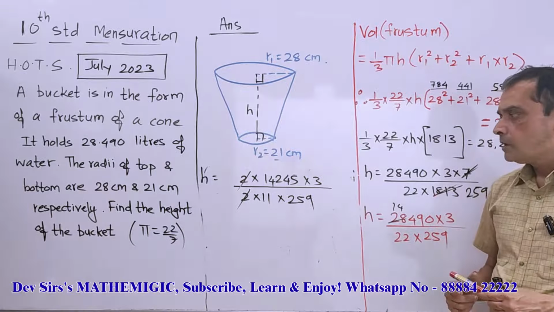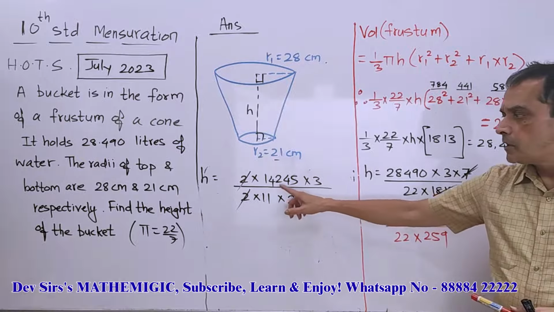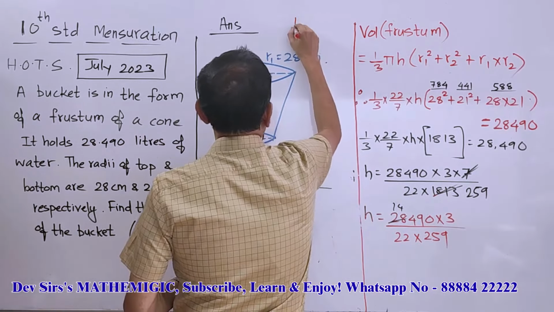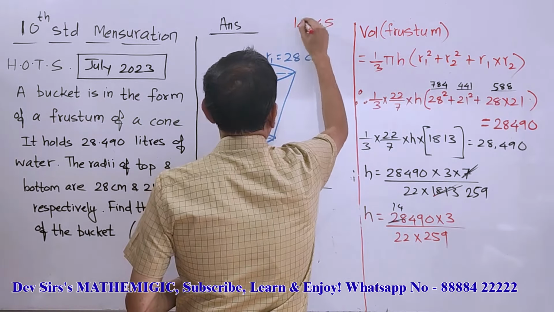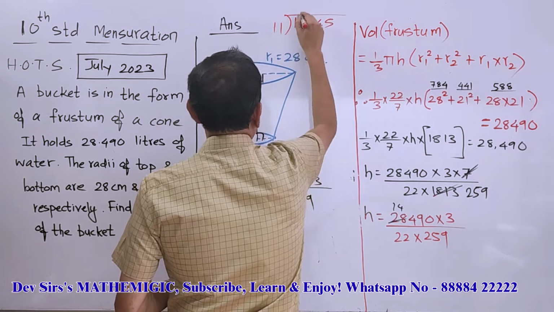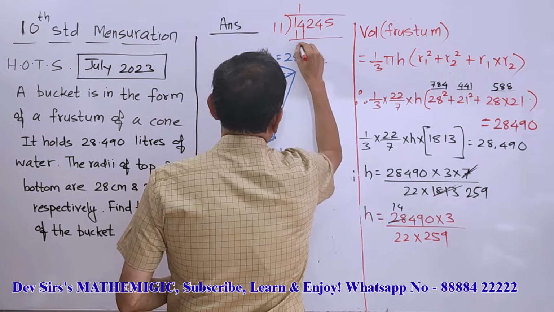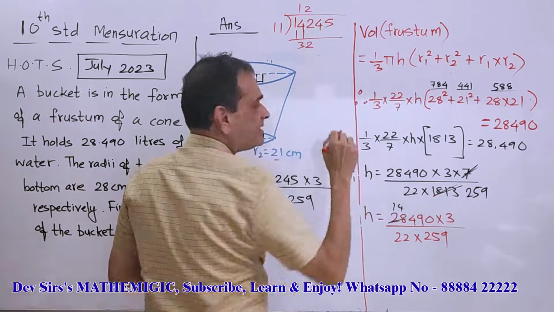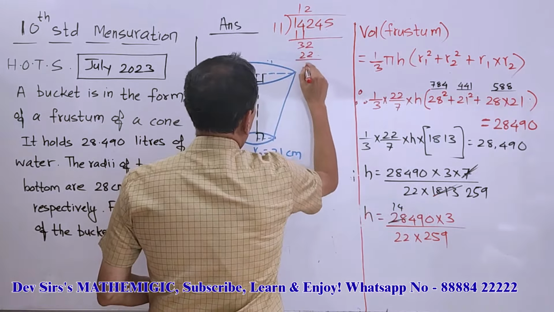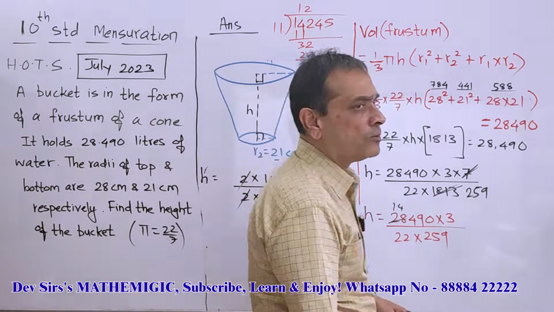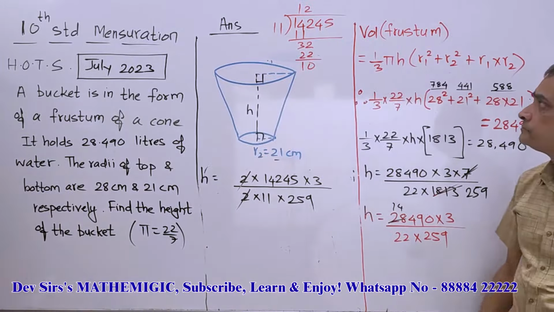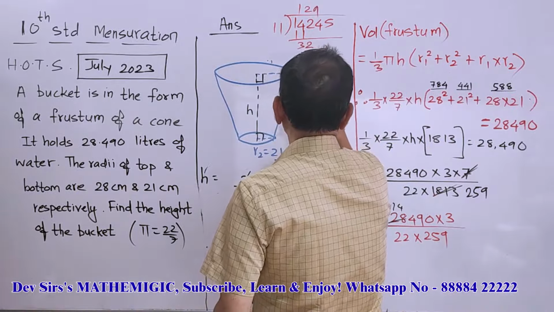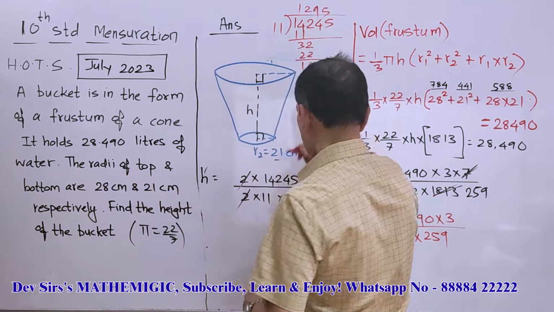Now what I'll do is 14245 divided by 11. करो, 11 1s are 11, carry over 3, 11 2s are 20, 11 3s are 33 होता है, 11 2s are 22, carry over 10. कितना आ रहा है देखो, ऊपर 4, 11 9s are 99, carry over 5, 11 5s are 55, right?